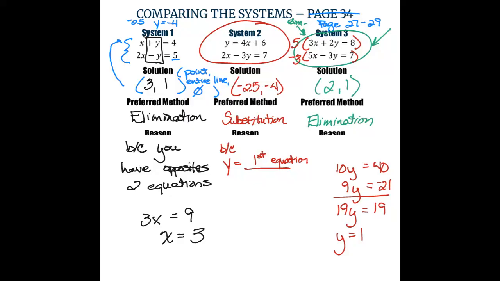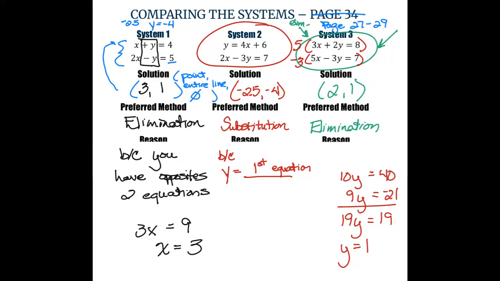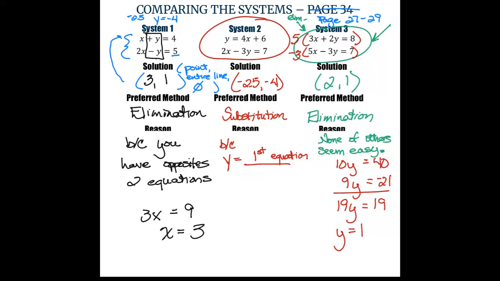Okay. So 2 times 3 is 6, plus 2 is 8, and 10 minus 3 is 7. Yes, 2, 1. Elimination, because none of the others seem easy.